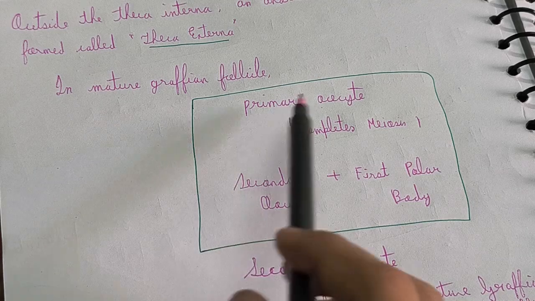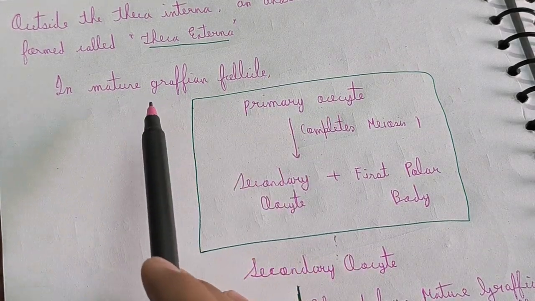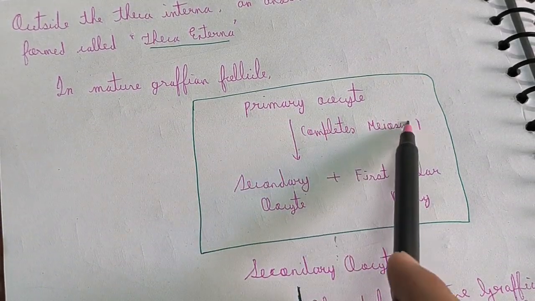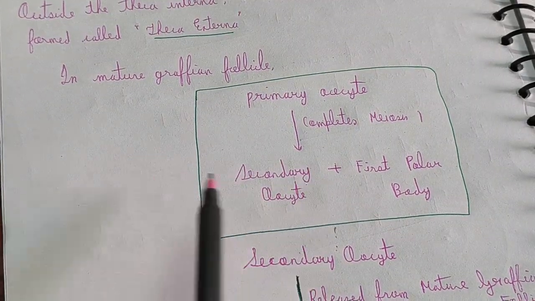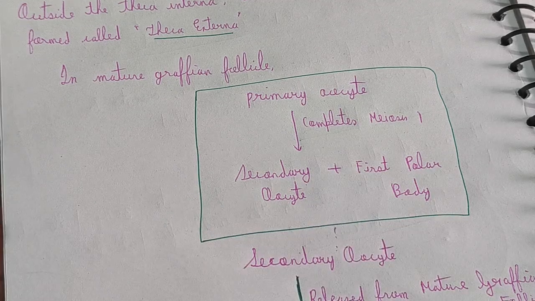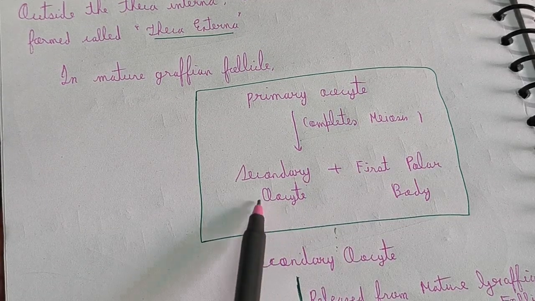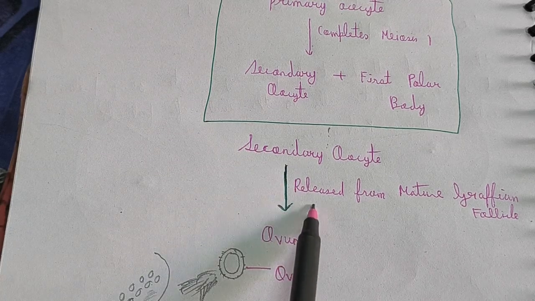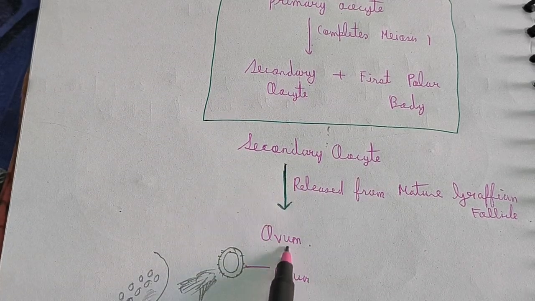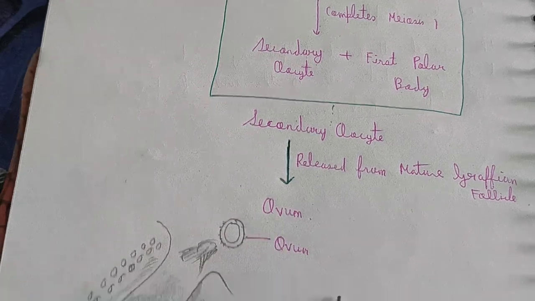This primary oocyte completes meiosis 1, and through this meiosis 1 the first polar body and the secondary oocyte form. Now from this mature Graafian follicle the secondary oocyte is released, and that released secondary oocyte is known as ovum.